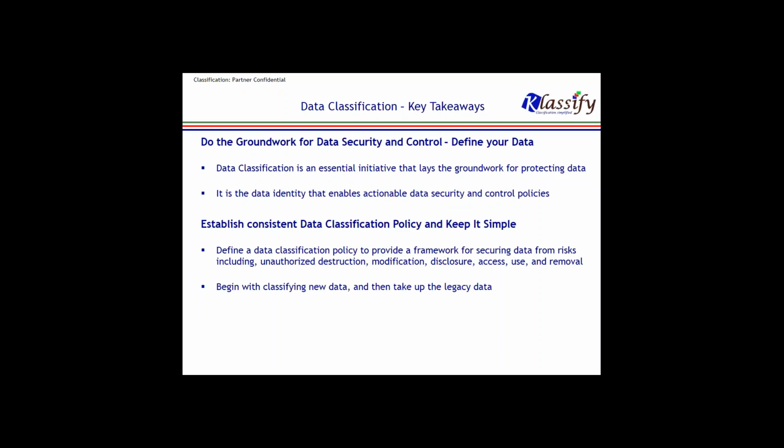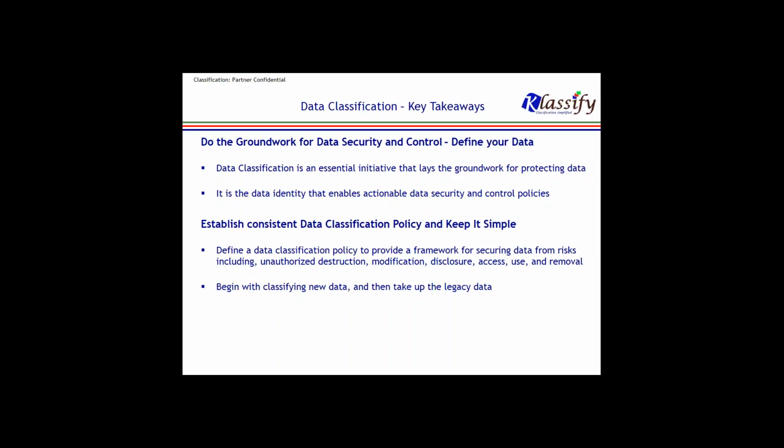Number one, do your groundwork before you do any implementation of controlling and protecting measures like IRM, data loss prevention, and the others. Define your data. I think you should begin defining your data, break it down, analyze data, and then defend it.